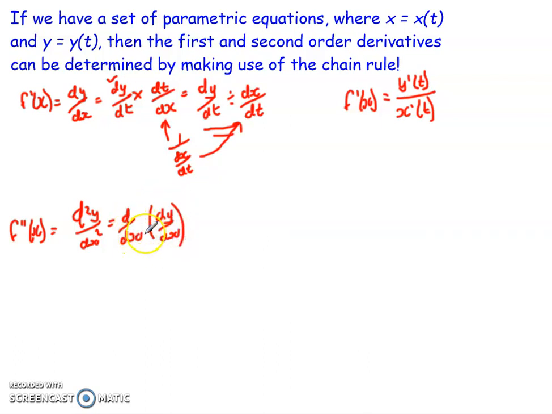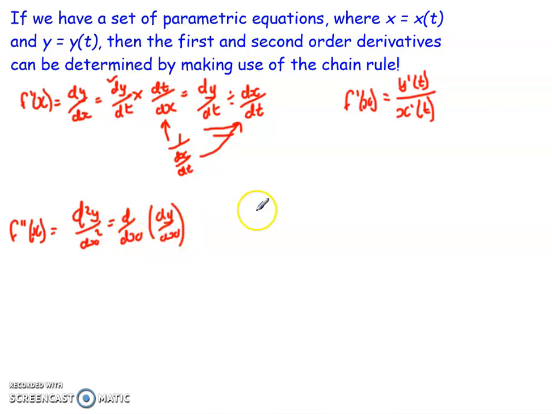So that's the derivative with respect to x of my derivative of y with respect to x. Now, we then have to use the chain rule again. We know dy by dx can be calculated using this rule here. I want the derivative with respect to x of that, but we have to bear in mind that this will still be a function of t.